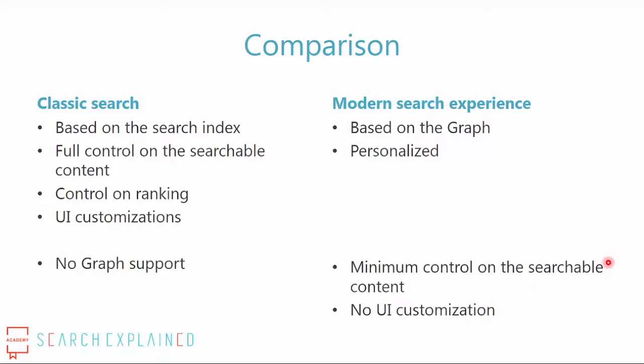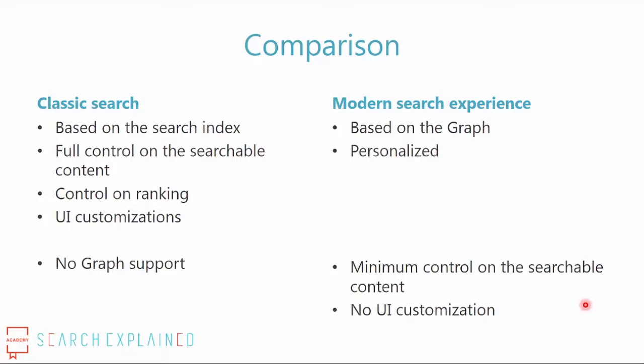And last but not least, there is no UI customization available at this moment in the modern search experience, so we cannot customize how it looks or what it displays, because everything is based on the graph and personalized, but there is no customization in this case.